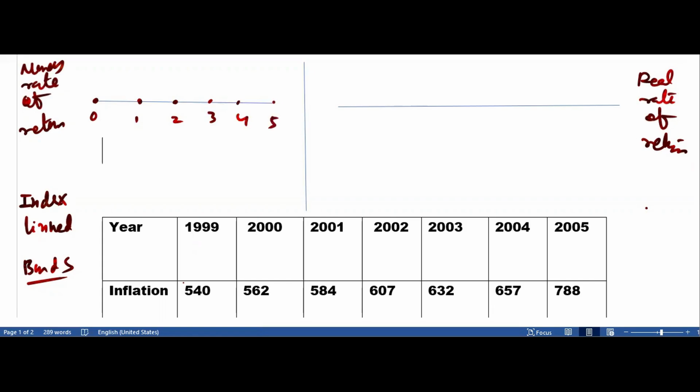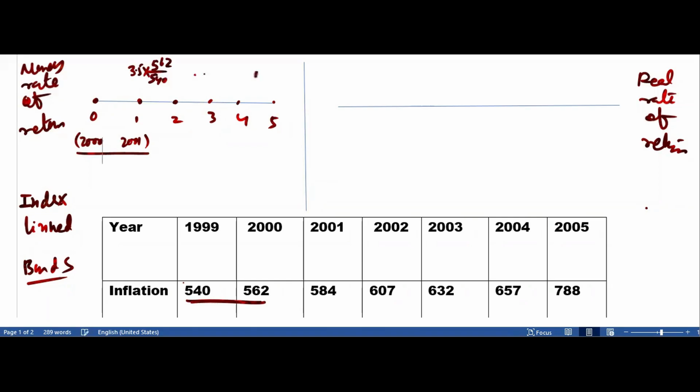The coupon payments we want here: 3.5. 99, 2000 you will take, 2000, 2001. That is called time lag. So 540, 562. Remember, you have to write 562 here, 540 here.